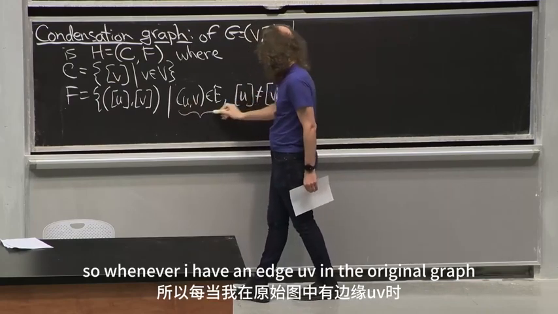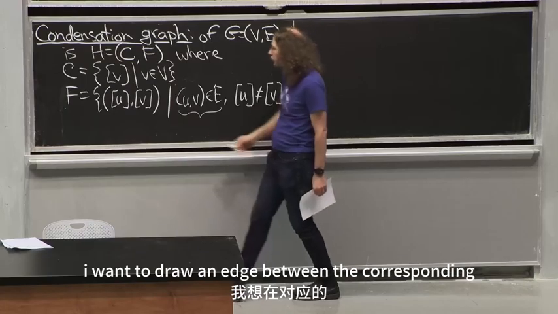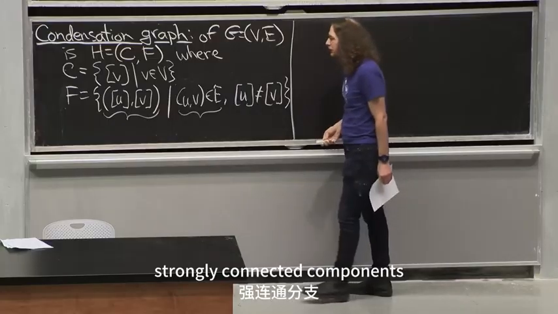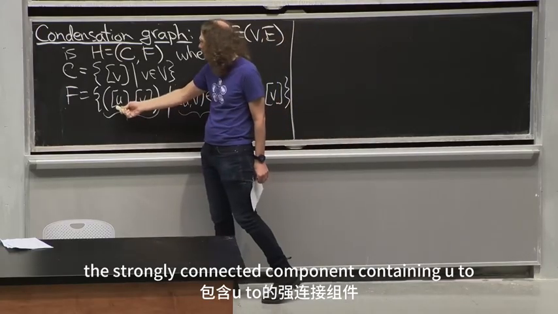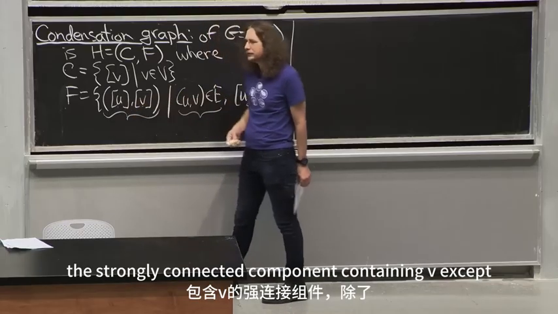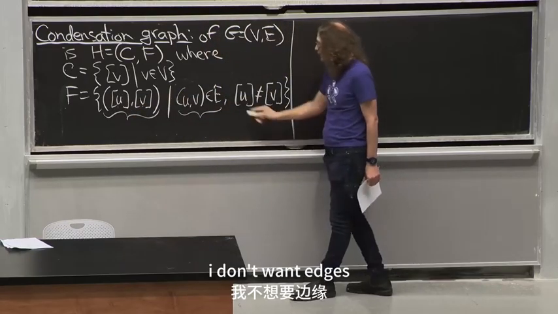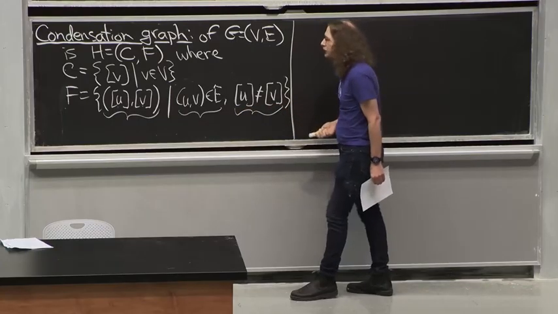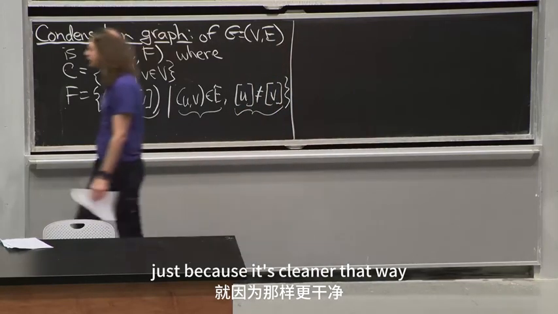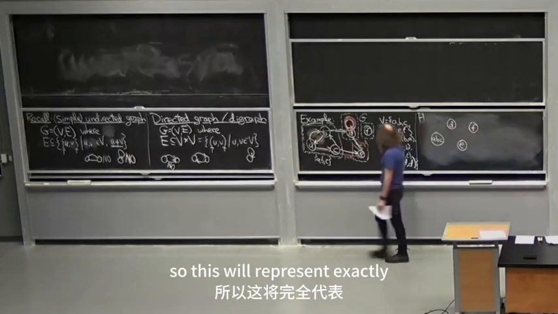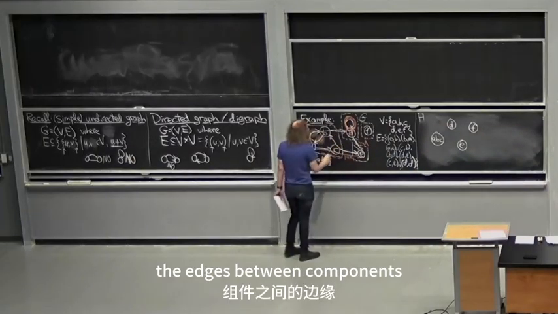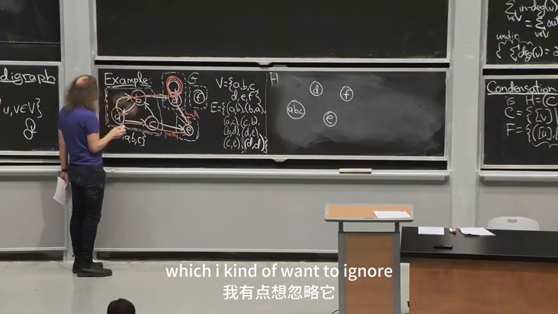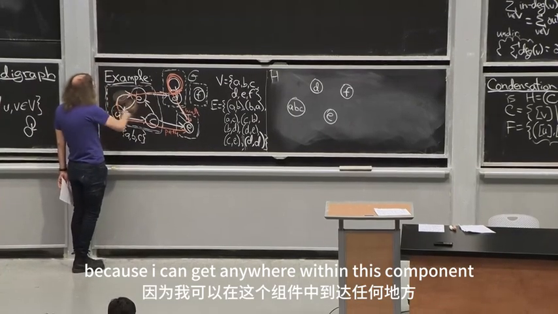Whenever I have an edge UV in the original graph, I want to draw an edge between the corresponding strongly connected components, from the strongly connected component containing U to the strongly connected component containing V. Except I don't want edges from a strongly connected component to itself, just because it's cleaner that way. So this will represent exactly the edges between components. There are some edges within components which I want to ignore because I can get anywhere within this component.